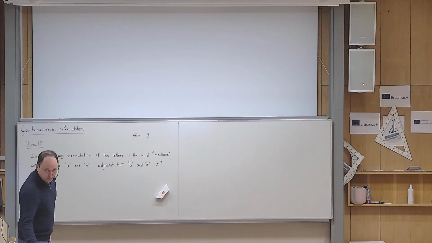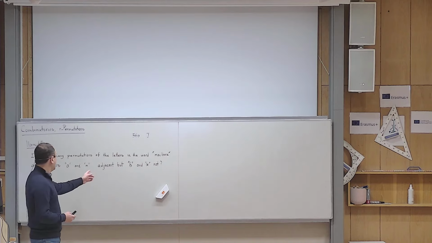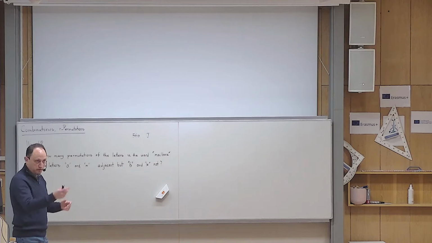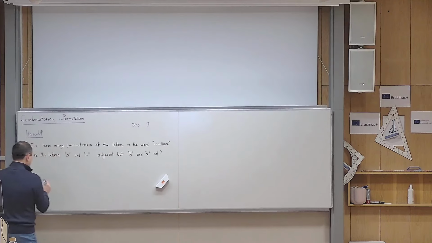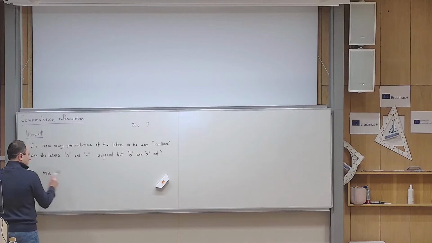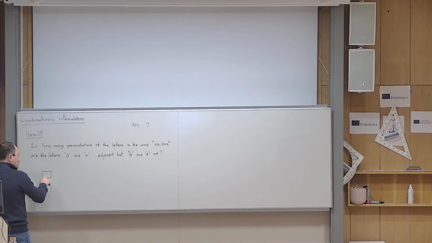I would say that I want to put M and A in one box, as you said. So I would have something like this. I put A and M. So I will choose a box, but I know that in this box, I only put A and M, in some order.